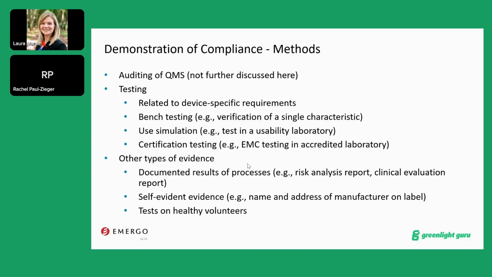If you need to demonstrate that you have, for example, the name and the address of the manufacturer on a label, you just have to provide the label. It could also be tests on healthy volunteers. So all are very different means to generate compliance documentation.